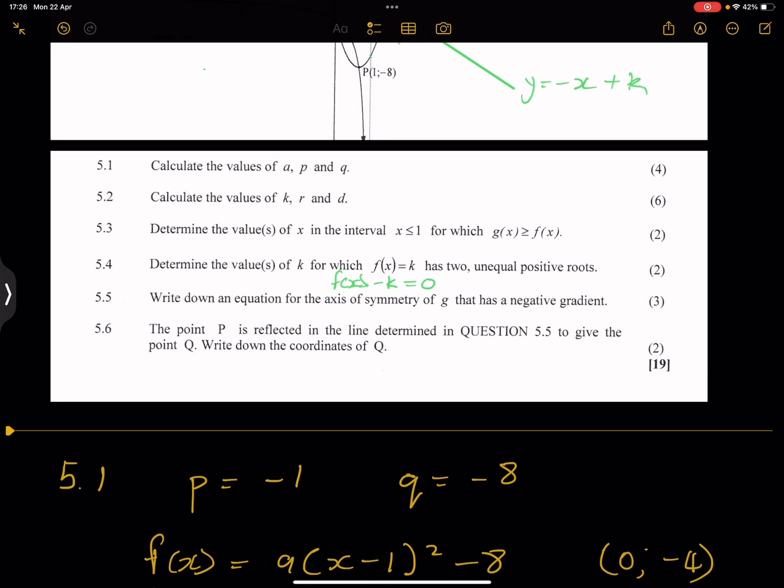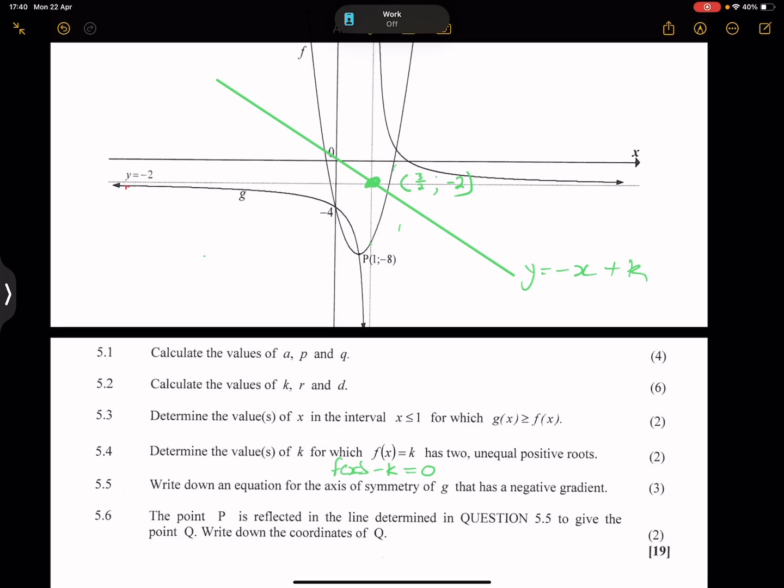They say write down an equation for the axis of, oh no, actually we've just gone through that one. They say the point P is reflected in the line determined in question 5.5 to give the point Q, right? So remember, this is reflected, right?